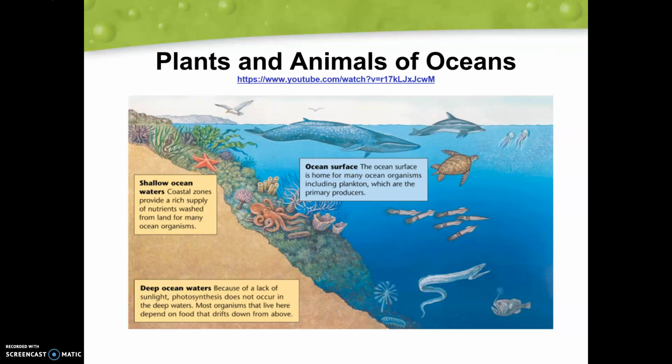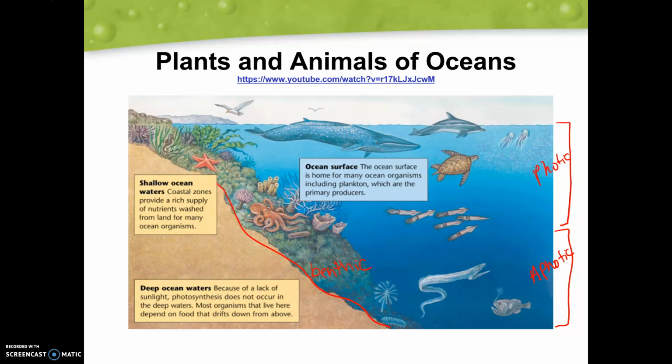So if we think about it, right around here is going to be our photic zone. And down here where it's dark and the light does not penetrate is going to be our aphotic zone. And then we remember that the ocean floor over here is our benthic zone. So in our shallow waters, we're going to see a really rich supply of nutrients.